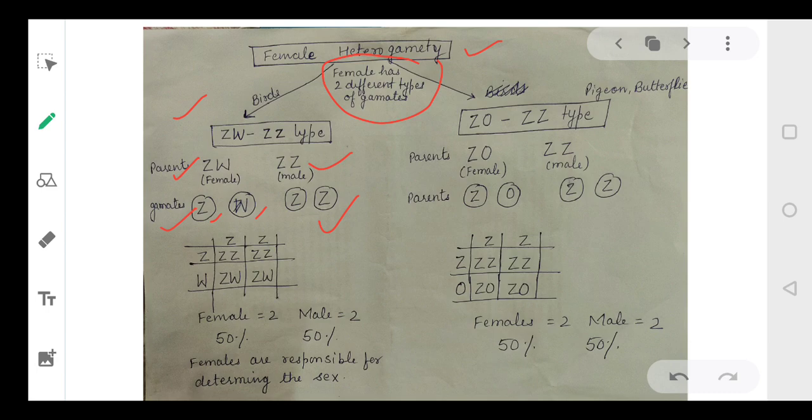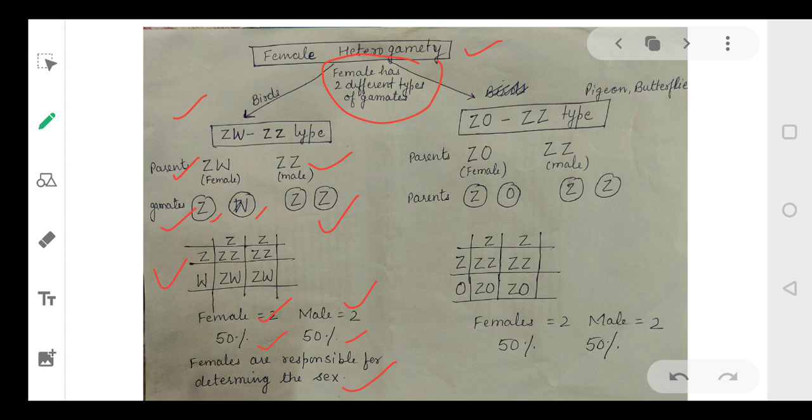Now again we'll make the Punnett square and we'll see again females are 2, males are 2, 50%. The ratio, the probability is again 50%. But the main difference is here, the female is responsible for the determination of sex. इस केस में sex of the individual is dependent upon the female.